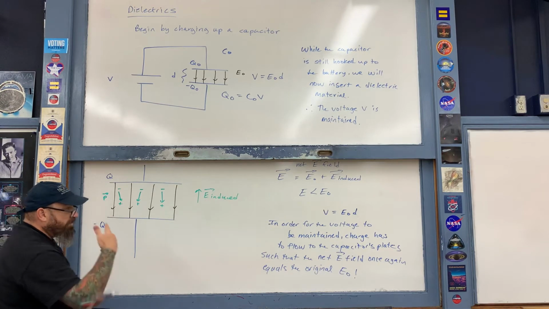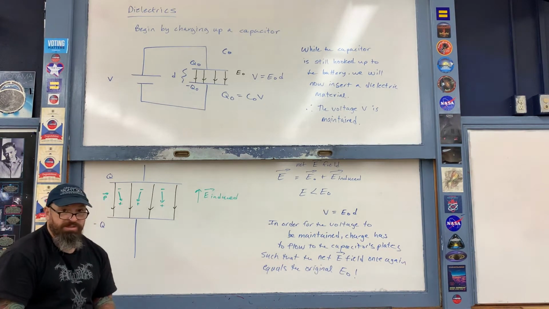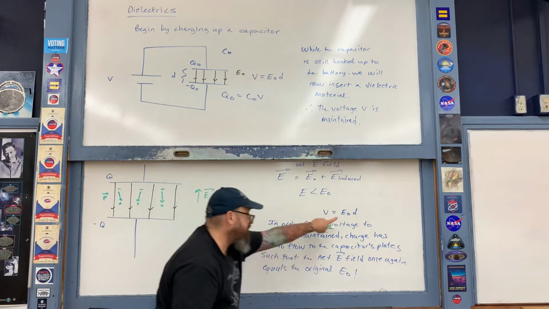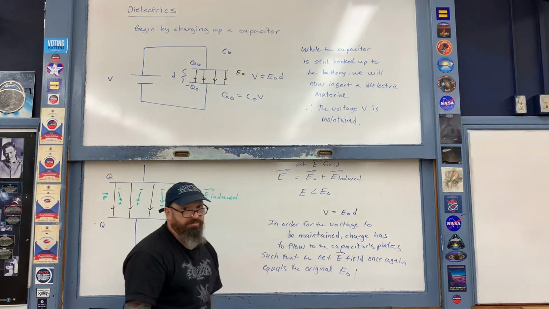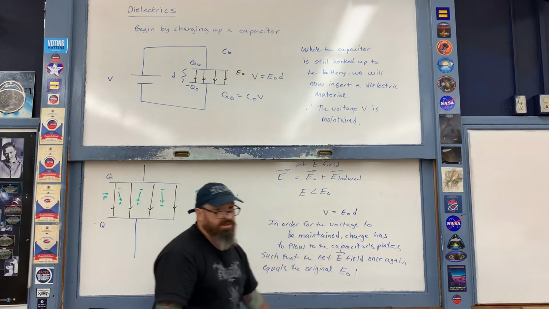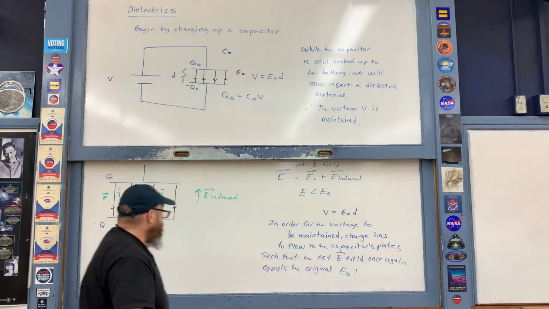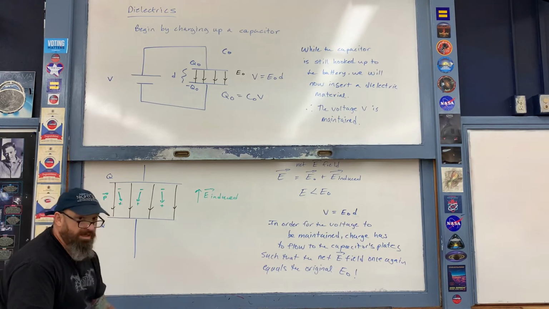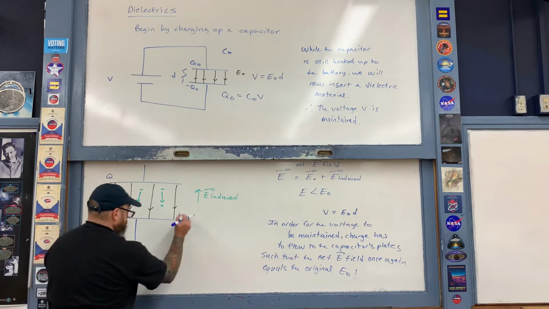And then therefore, the net electric field that is now present is equal to, once again, the original E naught. It has to be, because once again, the voltage is maintained, and we're not changing the separation between the two plates. So the black electric field that I drew here earlier is now once again equal to E naught.